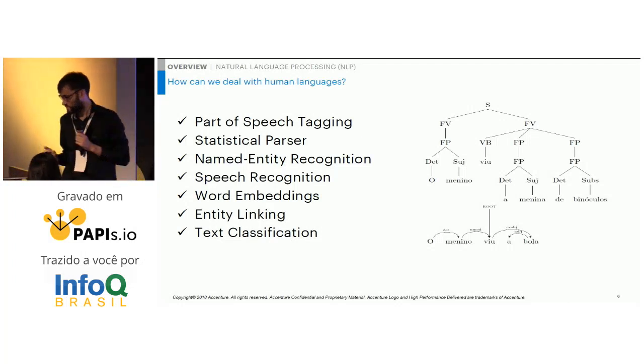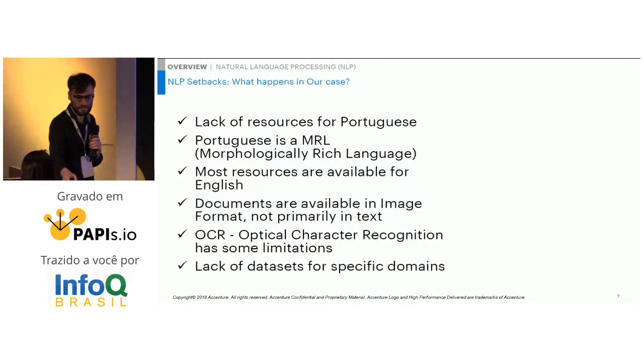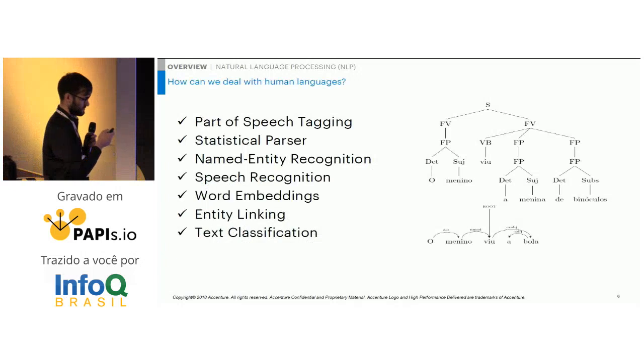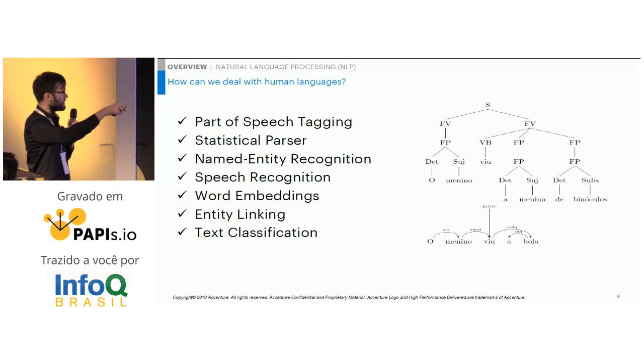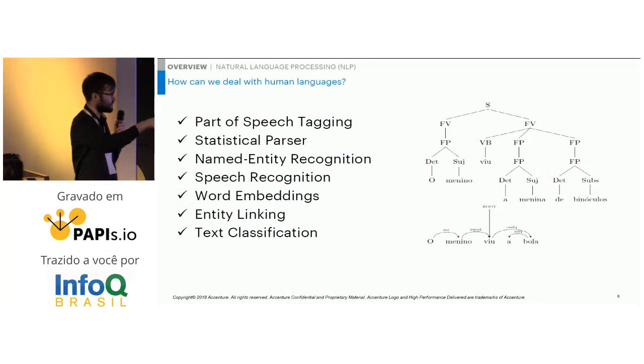So, parts of speech tagging. Parts of speech tagging can be understood as this level, and this level. The basic idea of the task is, given words, you extract each corresponding tag.